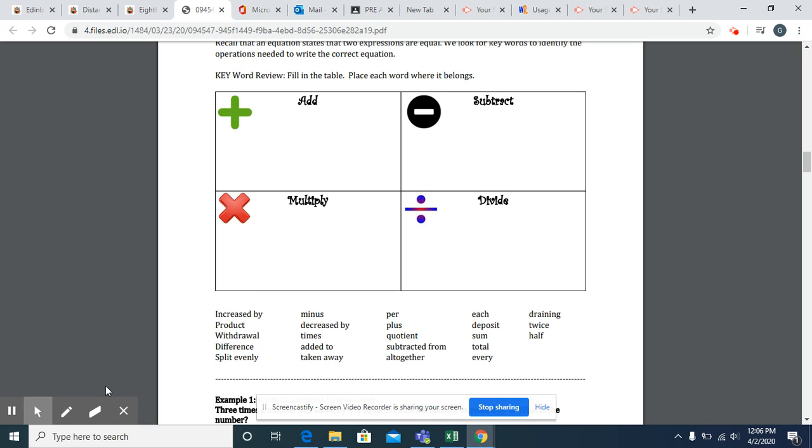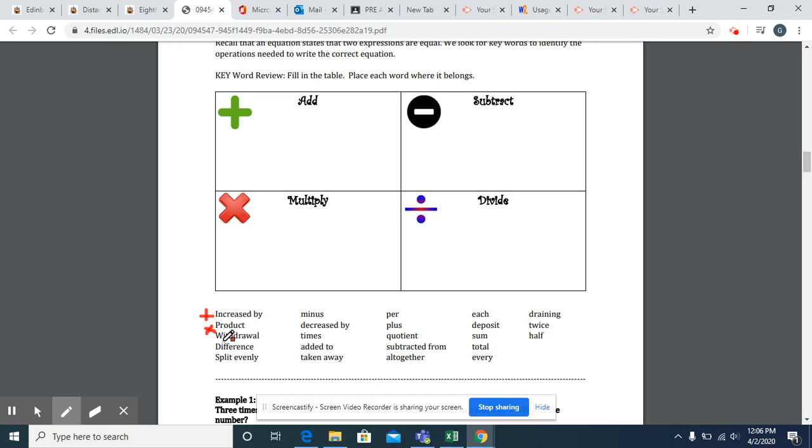And so we'll begin here with the first one. Increase by, very popular that you will see. Of course, you should know means to add. Product, when you see the product of, you're gonna multiply.